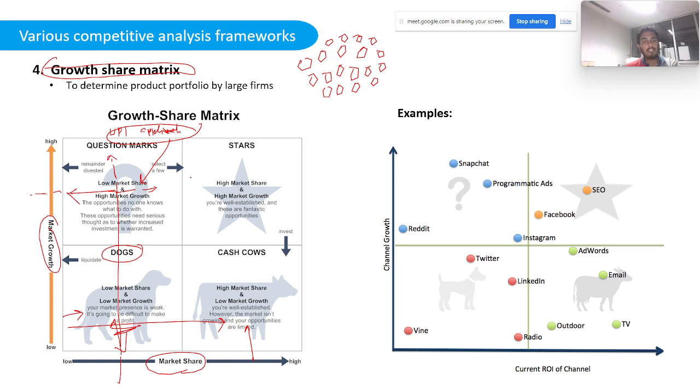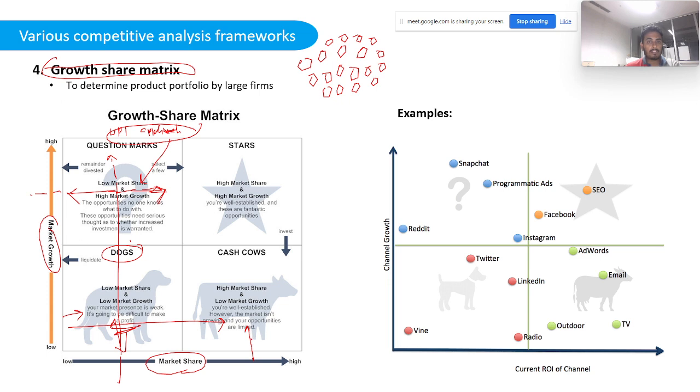So these kinds of products you can consider as low market share but high growth products. So you can keep those, or you can decide whether you want to start developing, or you want to keep, or you want to just not go with such products.